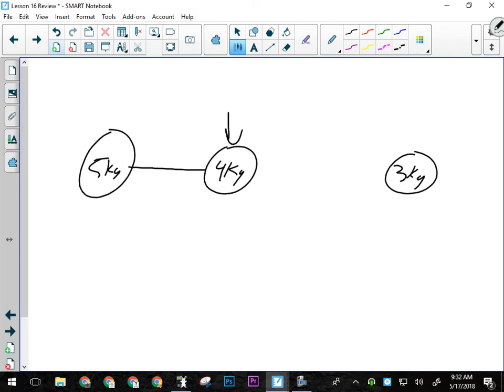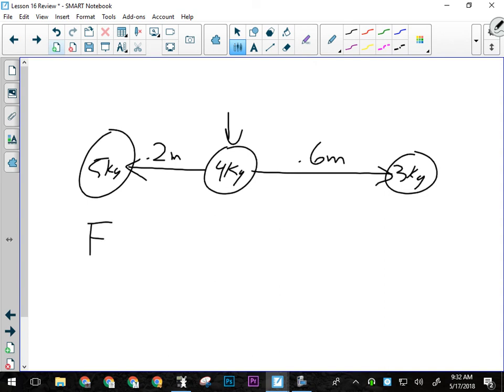This distance here is 0.2 meters, and this distance here is 0.6 meters. I want to find the net gravitational force on the 4 kilogram mass. So the 4 kilogram mass is being pulled this direction and this direction. The two forces that I calculate are going to be the same or opposite? Opposite. They're pulling in opposite directions.